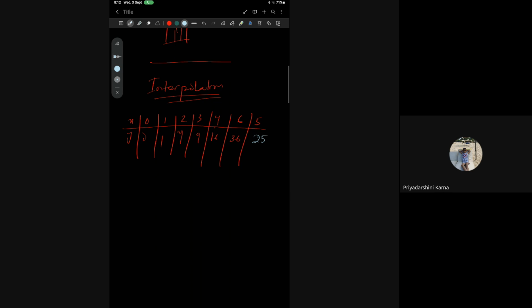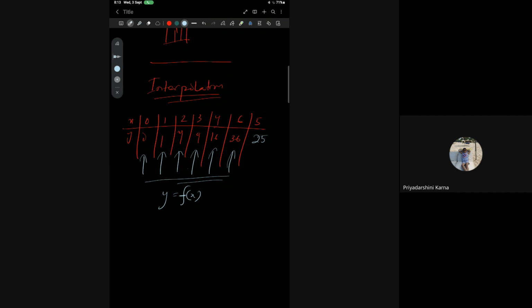So what you did, you took this point, this point, this point, and this point, and tried to see what is the value for y is equal to f of x. You tried to express y as a function of x, isn't it?